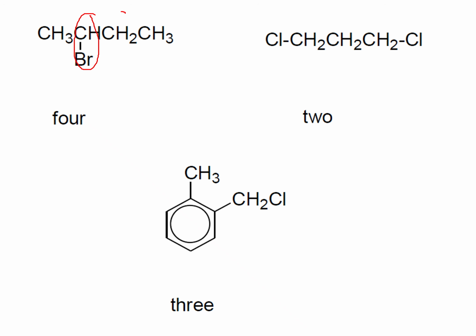Then this will have another environment because one carbon is attached to it, and here one CH3 is attached with CH2. Then it will have another environment. Four of them will have four environments. That means we will get four peaks.